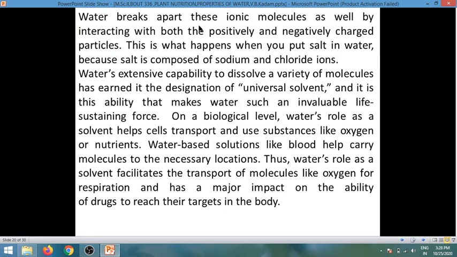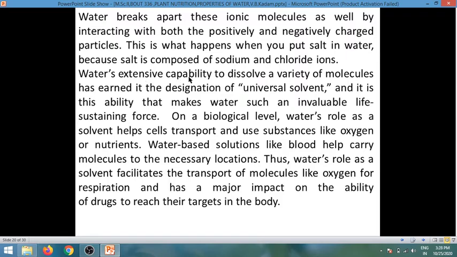Water breaks apart these ionic molecules as well by interacting with both the positively and negatively charged particles. This is what happens when you put salt in water, because salt is composed of sodium and chloride ions.